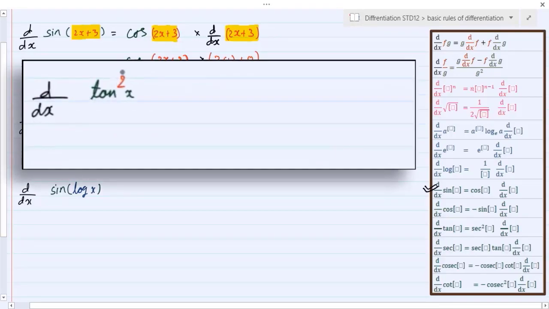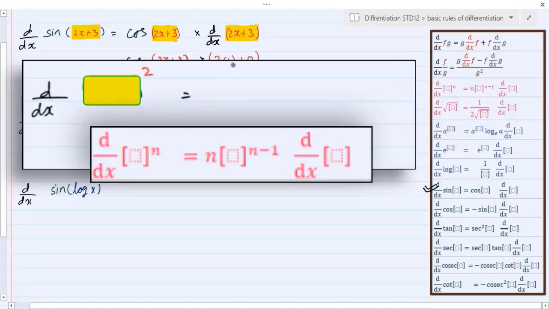We have to differentiate tan square x. Tan square x means we have the square of tan x. So tan x will be your inner function and the whole square will be your outer function. So we just have to differentiate box square. Here we'll get 2 box into d by dx of box.